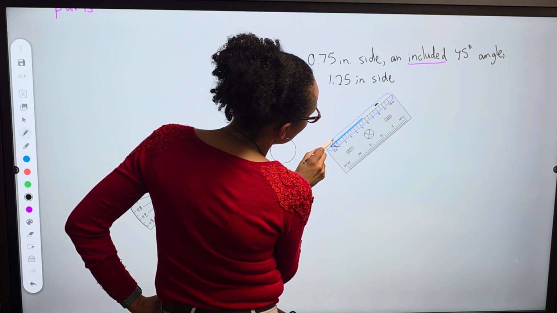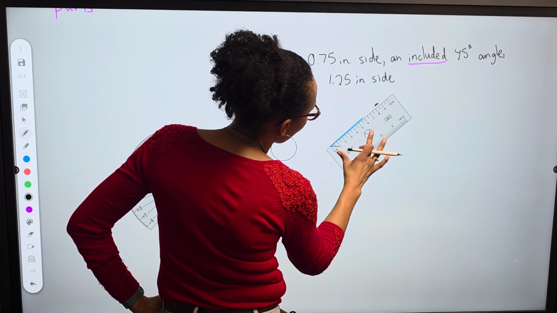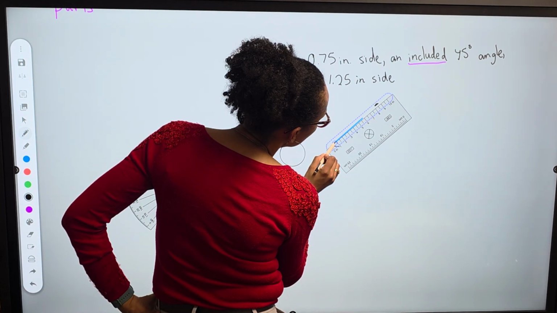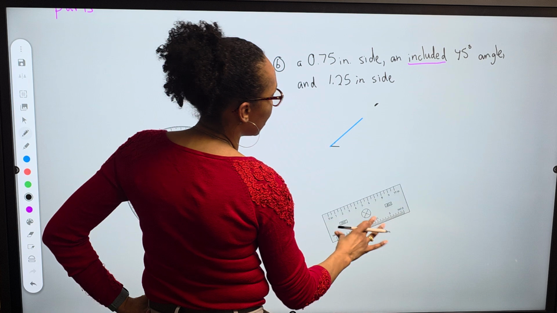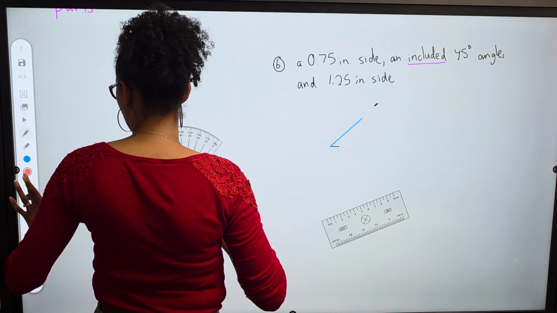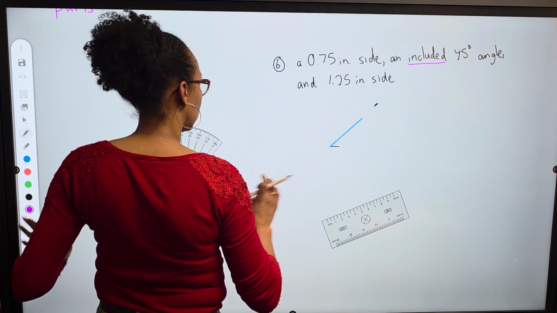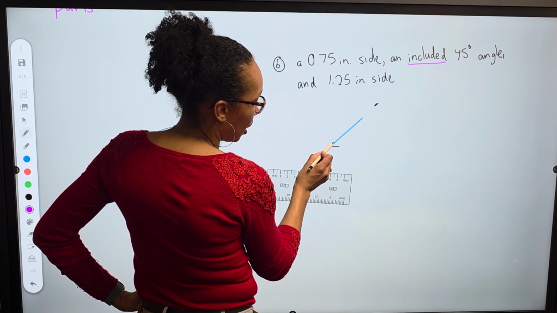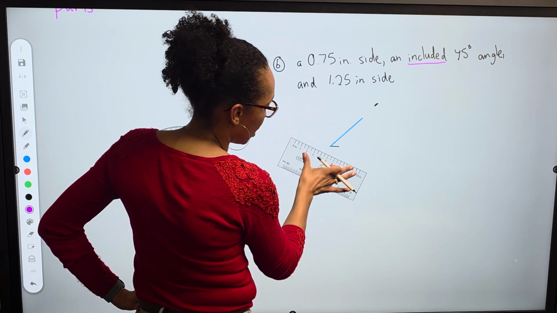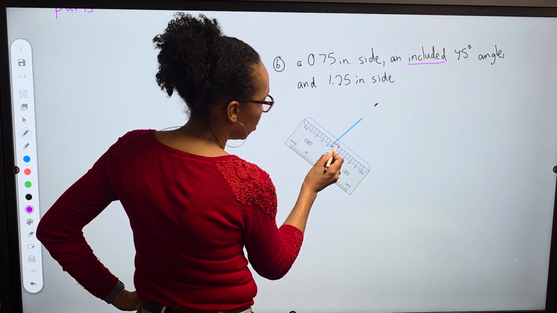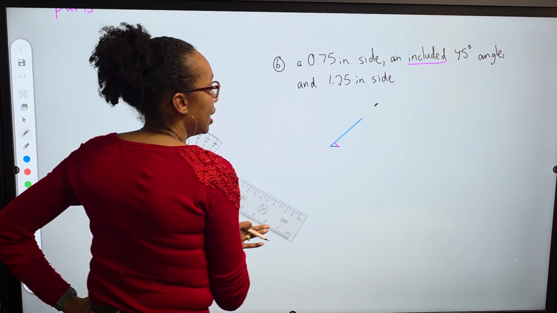So right there. Well, maybe. About right there. Okay? You see my little tiny dot right there? And now I'm going to draw that last side. So from this point, that's the right length, I'm going to connect it to the other side of the triangle. And there you have it.